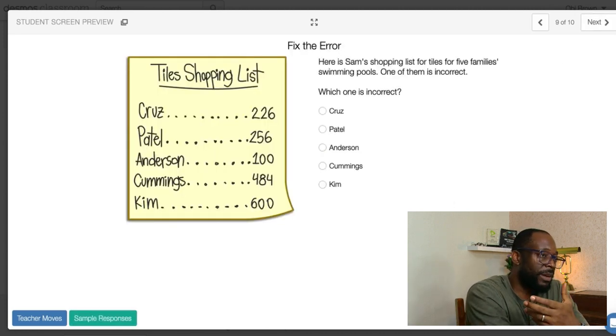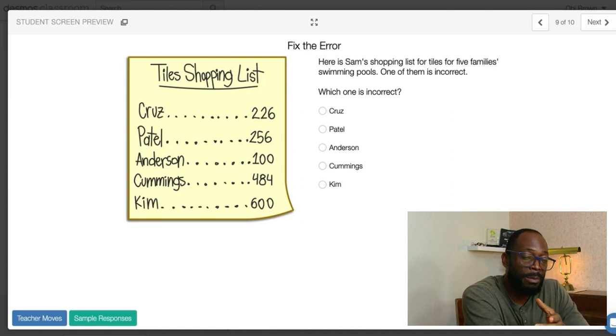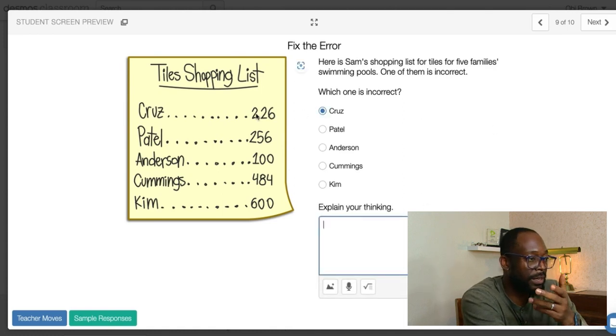In this particular slide, the students are given another kind of problem where a mistake has been made and they want to figure out where. The problem says that having bought tiles for 5 families, one of them is wrong. With a little bit of mathematics, they can easily figure out that Cruz is the person whose tiles were wrong.